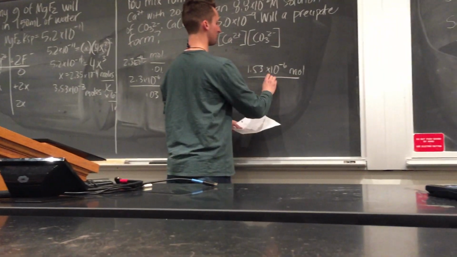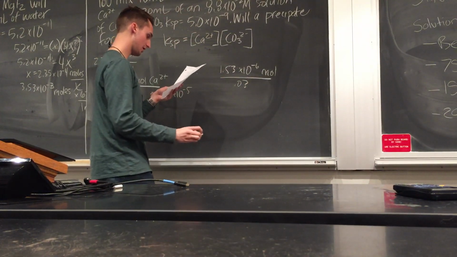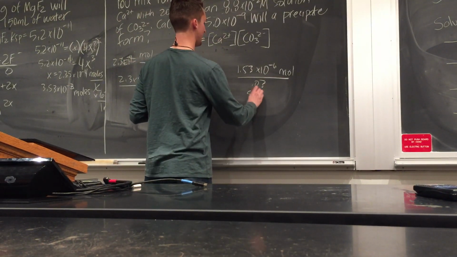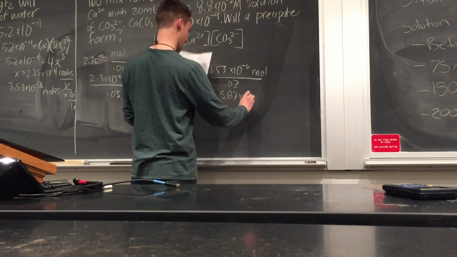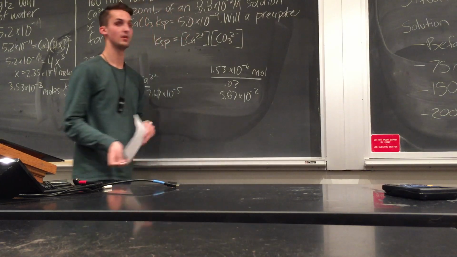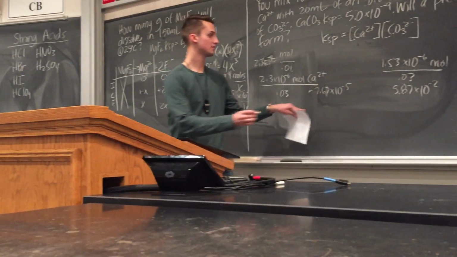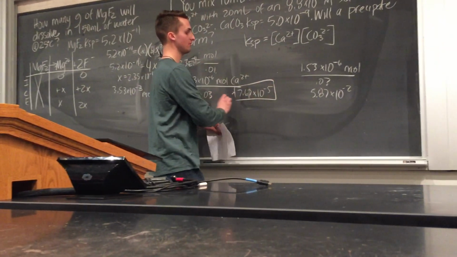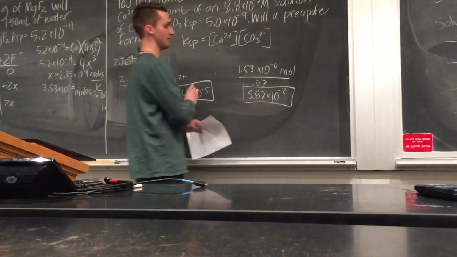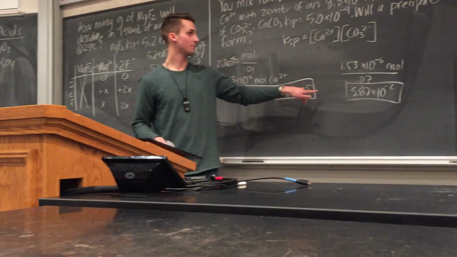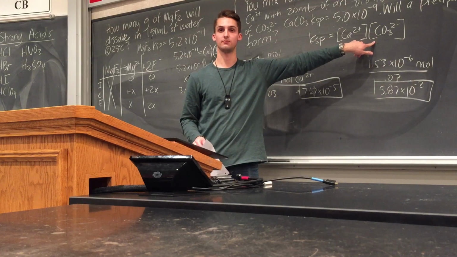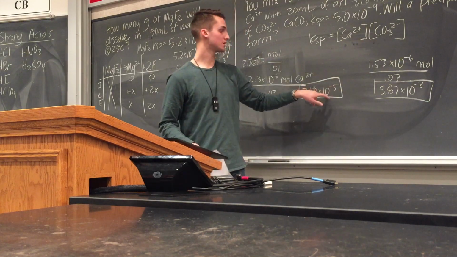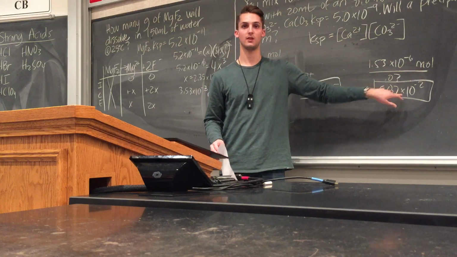Divide by 0.03, and that should give you 5.87 times 10 to the negative 2 molar. So now I have concentrations for calcium and for carbonate. So I'm going to plug those values into my expression. So I'm just multiplying this by this, okay?